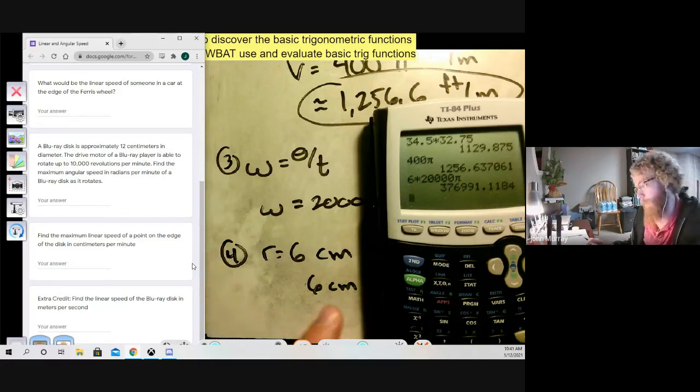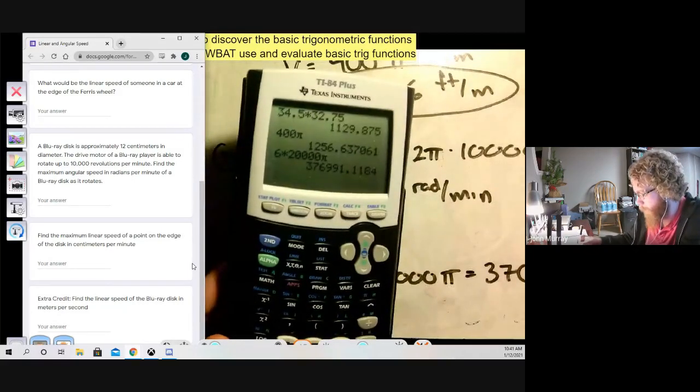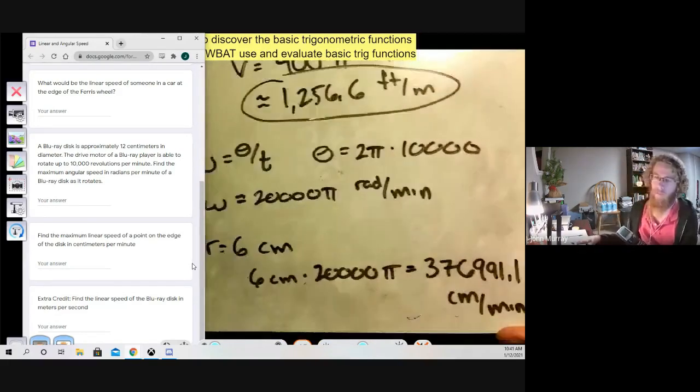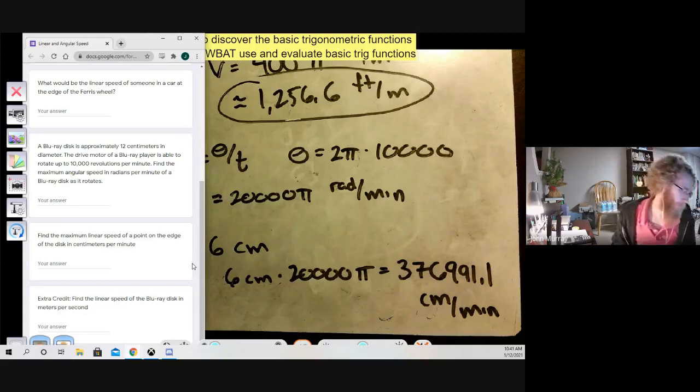No, I'm sorry, centimeters per minute. So the edge of that is moving fairly quickly.